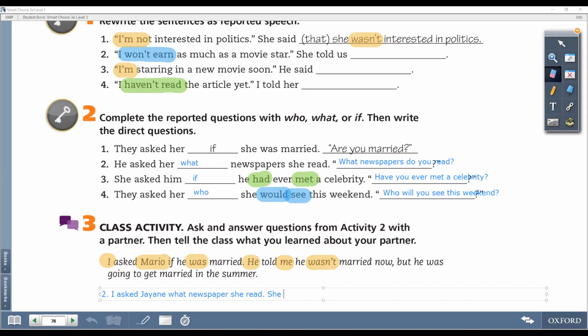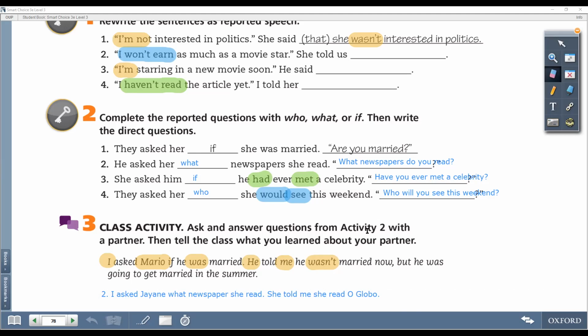She told me she read O Globo. So the whole sentence is in the simple past because I am reporting what Jayane told me, okay? So I asked Jayane what newspaper she read and she told me she read O Globo, okay?